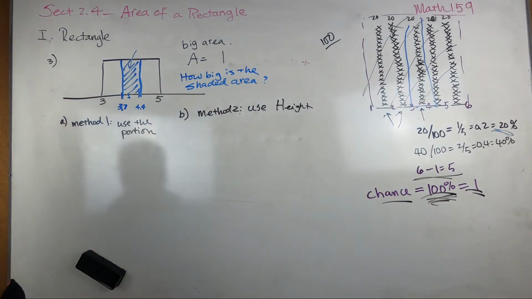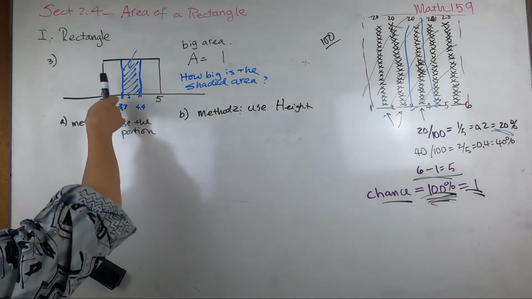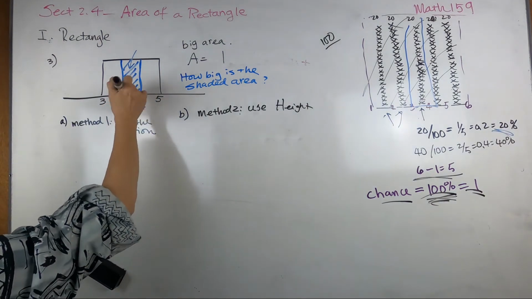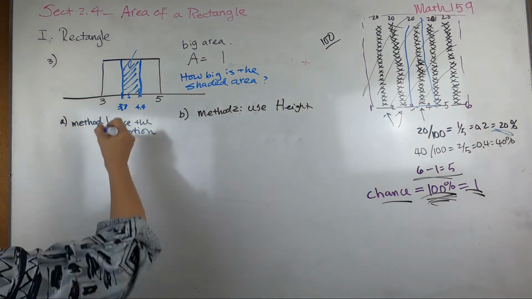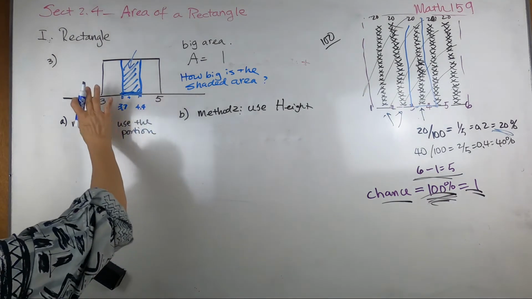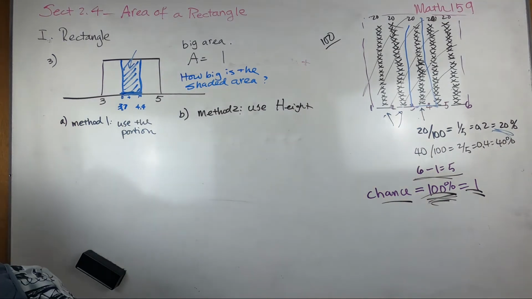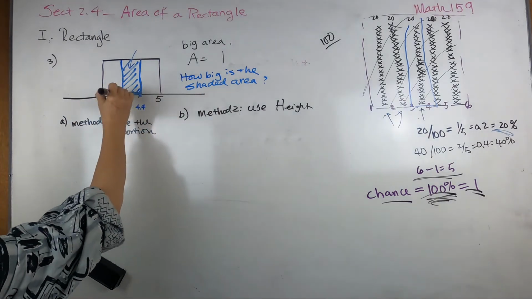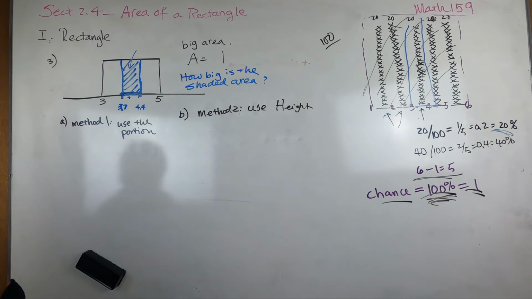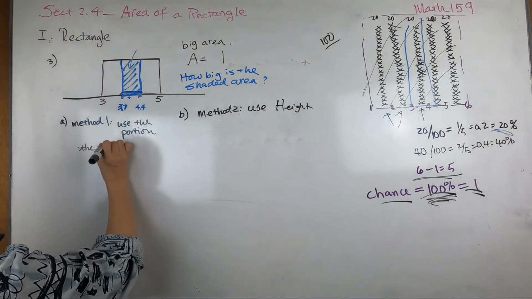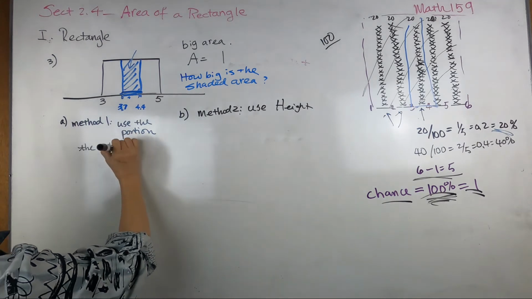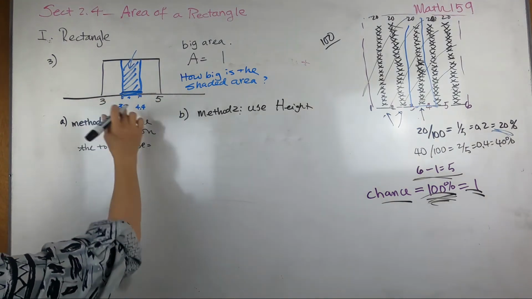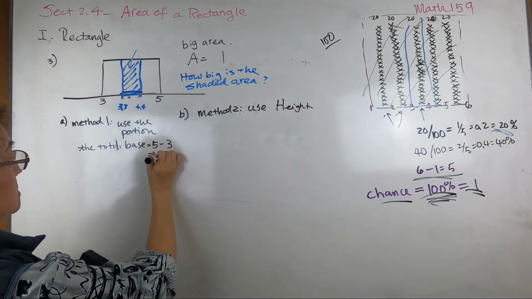Because they are uniformly distributed, you just compare how big the portion of the base is, then that will be the portion of the whole thing, right? So I want to compare how much of the bottom this blue shaded area occupies. That's the approach, right? So the total base is what? The difference, 5 minus 3, so it's 2.